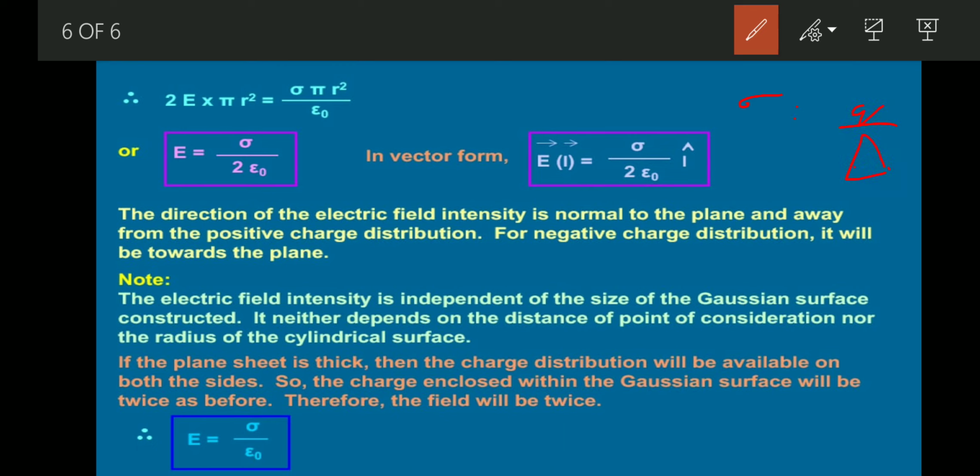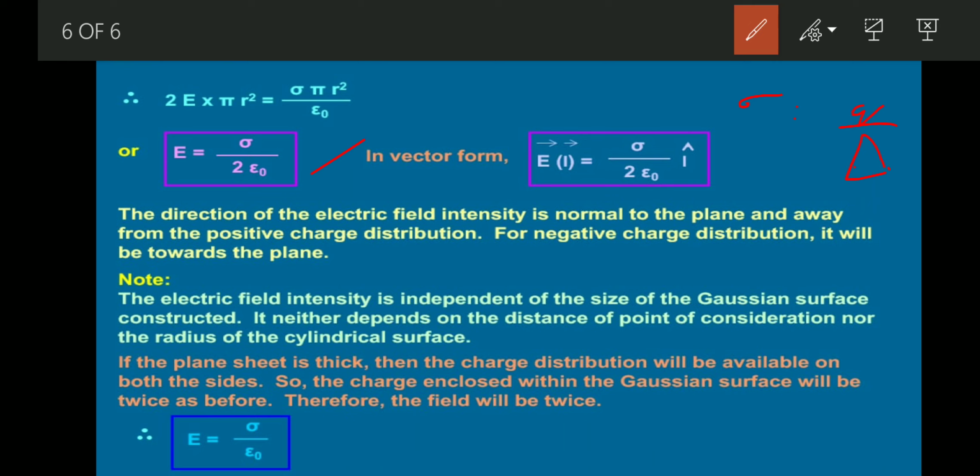So Q here will be sigma into area. So sigma into area is pi r square, it gets cancelled, and we have E is equal to sigma upon 2 epsilon naught, which is the scalar form or the magnitude of the electric field due to a plane charged sheet.